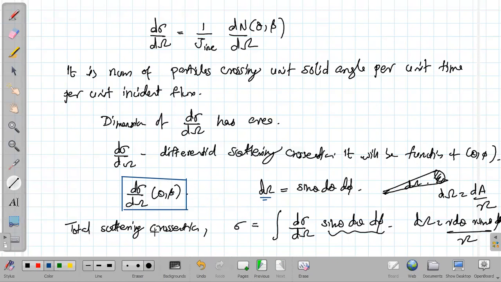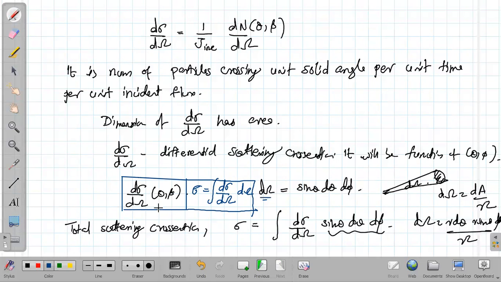So the total scattering cross section σ is just the integral of the differential scattering cross section over all solid angle, that is, σ is the integral of dσ/dΩ over all dΩ, which I have rewritten here in the spherical coordinate system. So that's about the total scattering cross section.